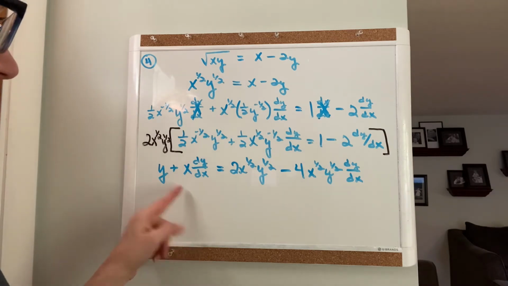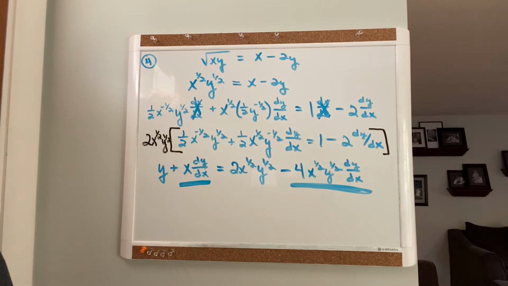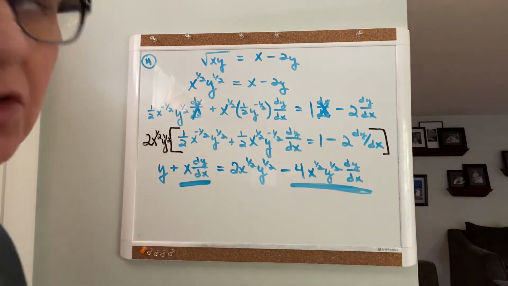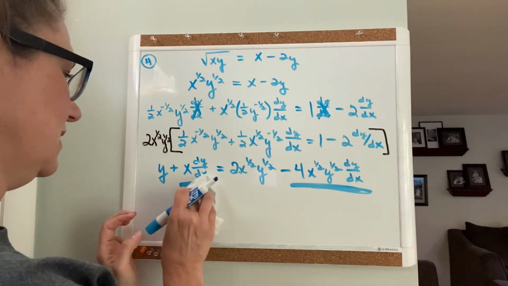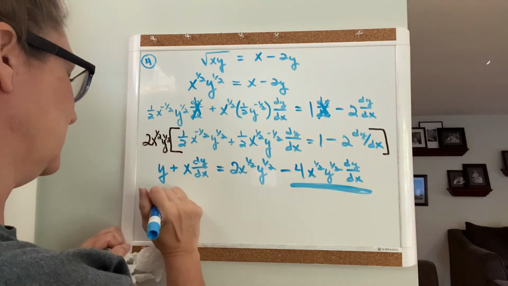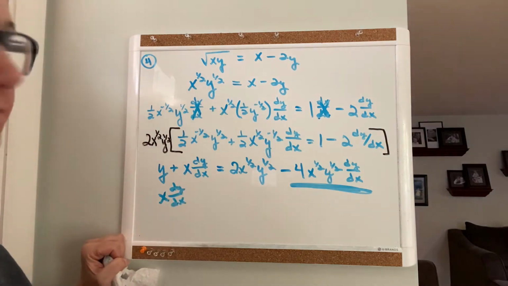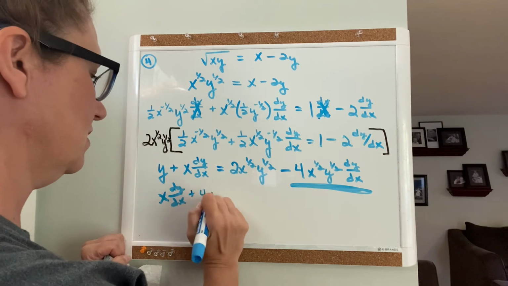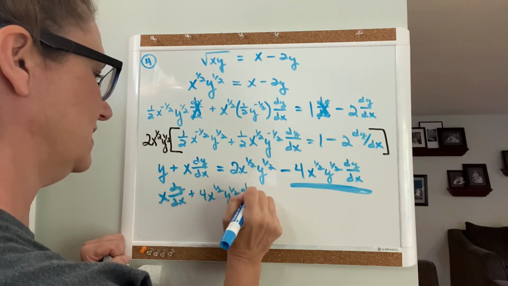So the next thing that I need to do is take the terms that contain dy dx, get them together on one side, get the other terms on the other side. All right, so I'm going to leave this x dy dx on one side, and I'm going to add 4x to the 1/2 y to the 1/2 dy dx.